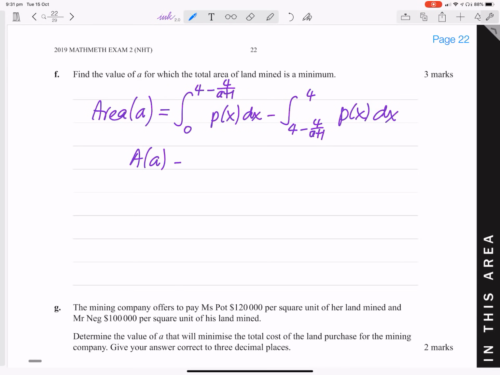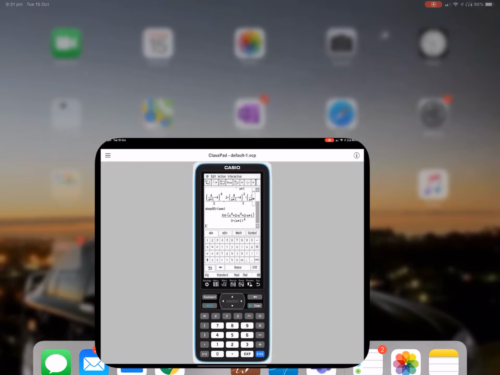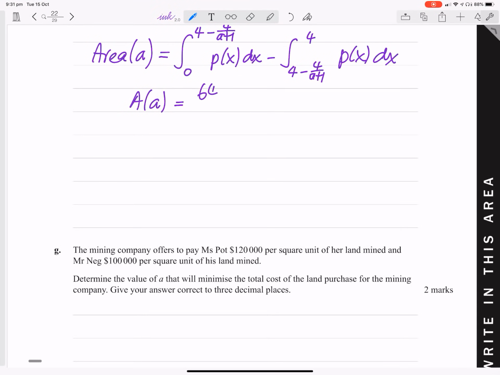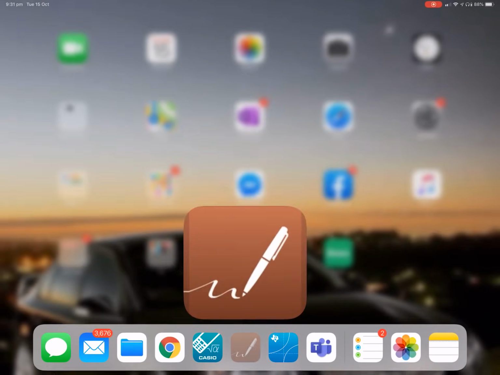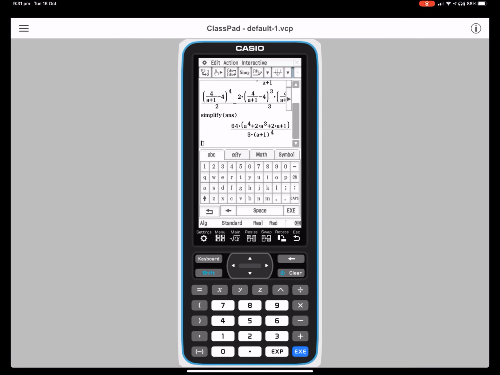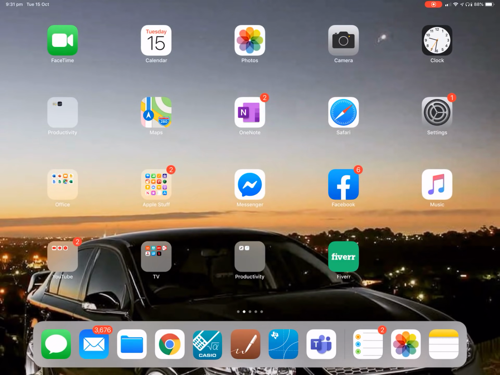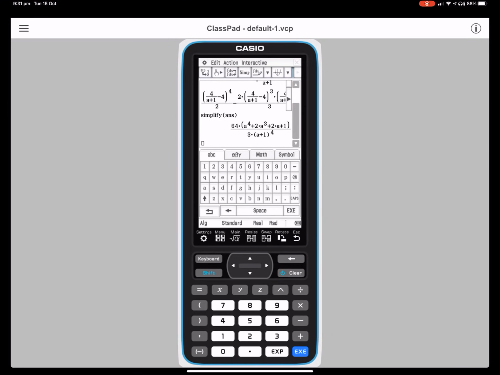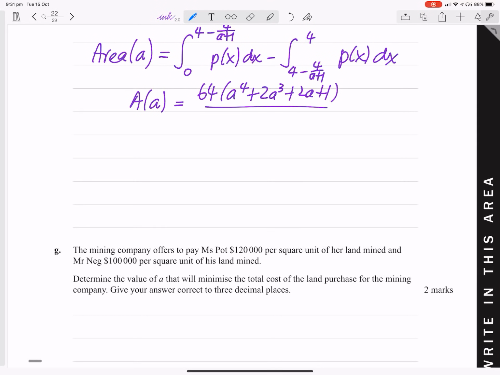Then we can say A of a is equal to 64a^4 2a cubed plus 2a plus 1 on 3a plus 1 to the 4.